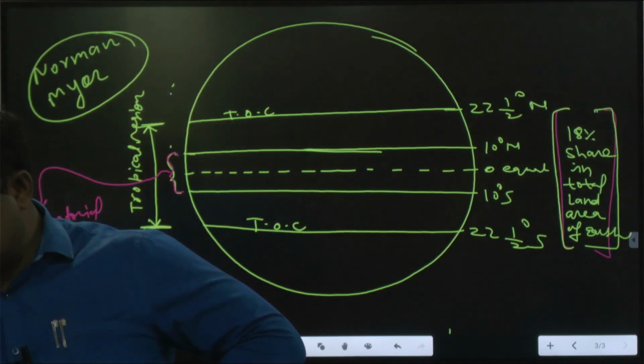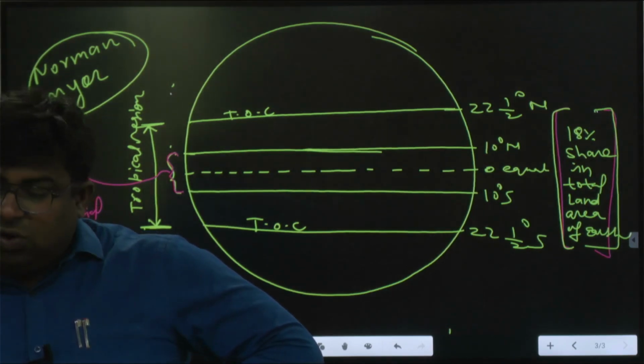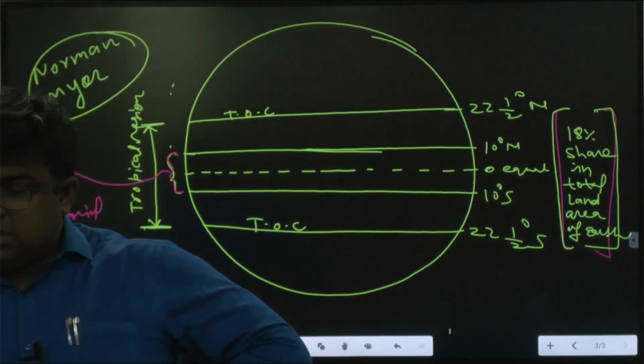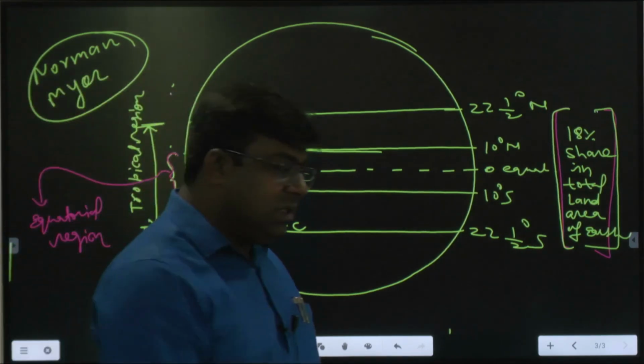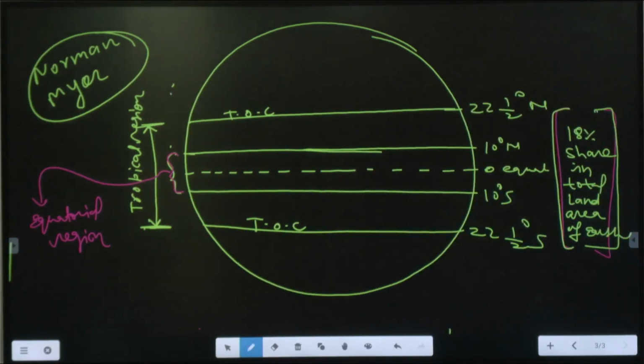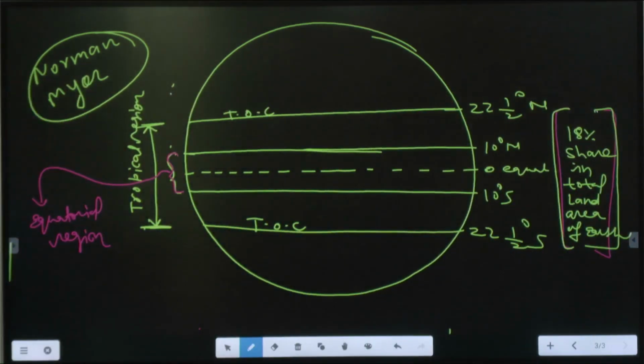Third, Indo-Burma region. And fourth one is Sundaland. Sundaland means region of Andaman Nicobar. If you want, you can write in bracket Andaman Nicobar.